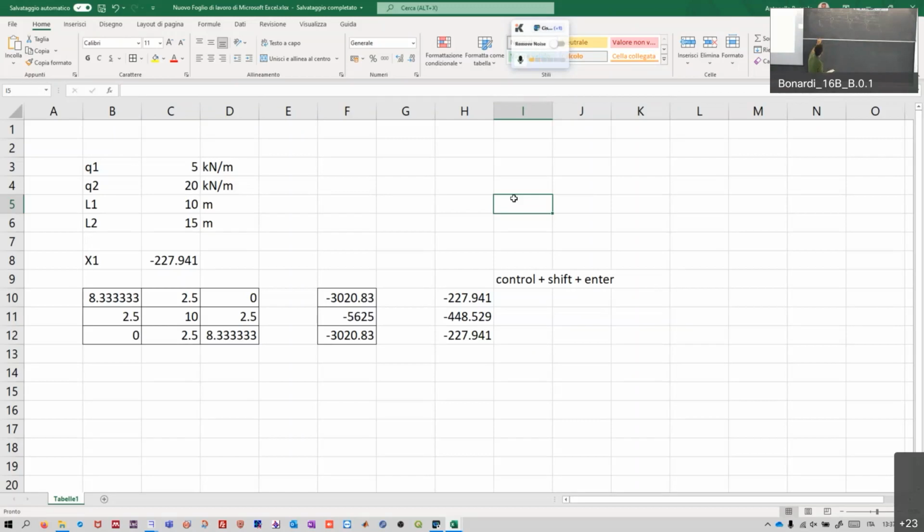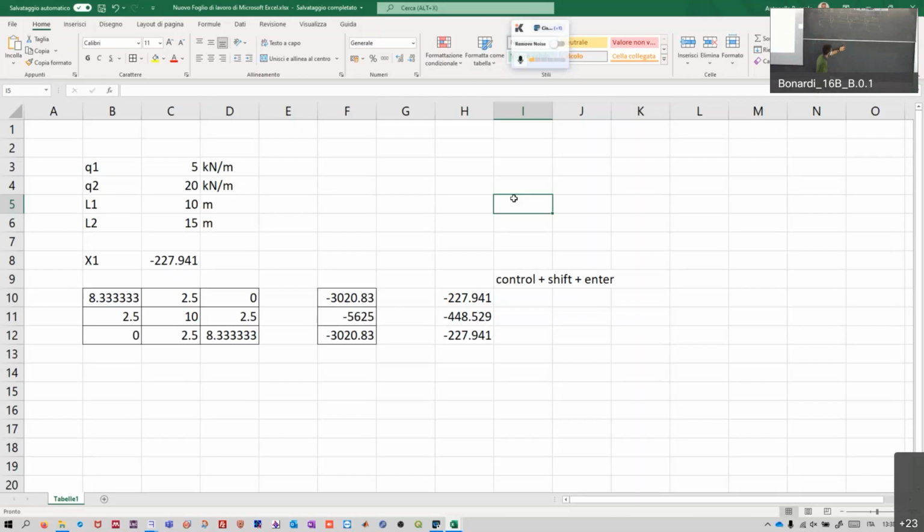Minus, because if I take this vertical one as positive, the rotation of Q1 is opposed to that one, because it's counterclockwise.